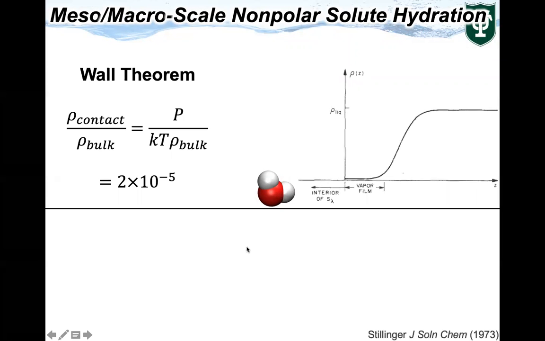So much so that the expectation is that water will form a thin vapor film in contact with that wall, where as you move away, you transition from the vapor to the liquid phase through a liquid-vapor phase transition, and water is basically going to try to pull away from and de-wet that wall. Now, ubiquitous van der Waals forces will frequently pull that in, but there is still a tendency to try to de-wet that wall.